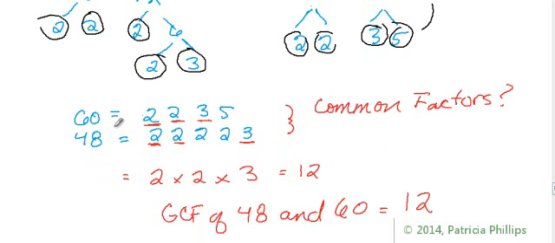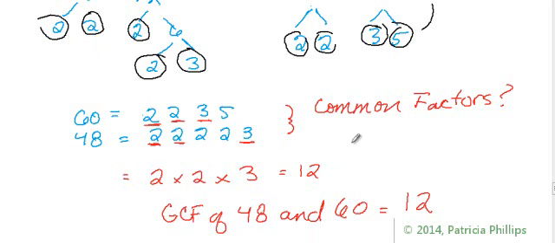So 60 equaled 2, 2, 3, and 5. 48 equaled 2, another 2, we got another 2, and yet another 2. 4 2s, and the last one we got was a 3.